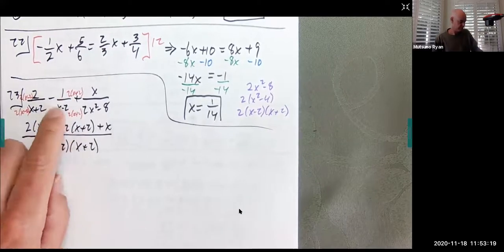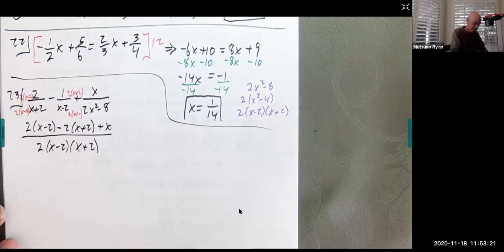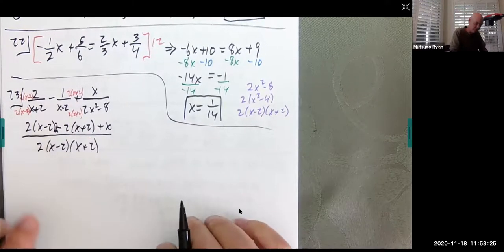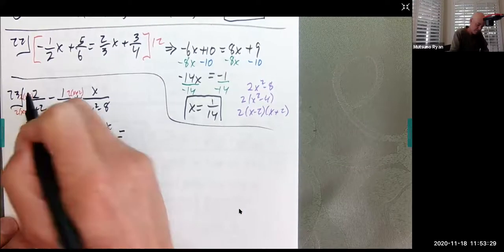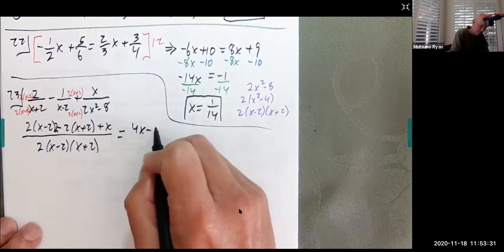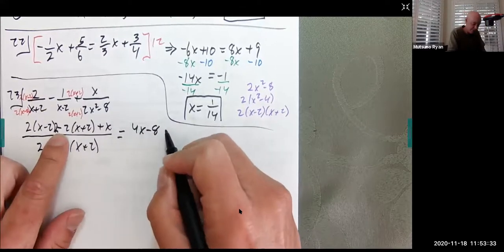Negative 1 times 2 is going to be my negative 2 there. I'm missing a 2 there. So that's actually a 4 that I'm going to be distributing up top. 2 times 2, right? I got a 2 there and a 2 there. Here I'm distributing a negative 2, be careful.